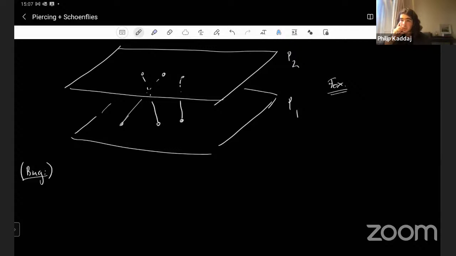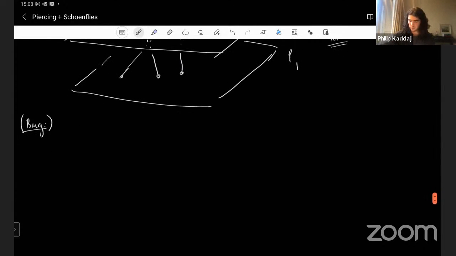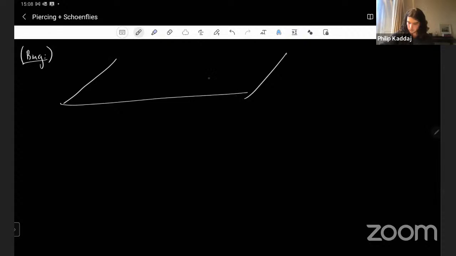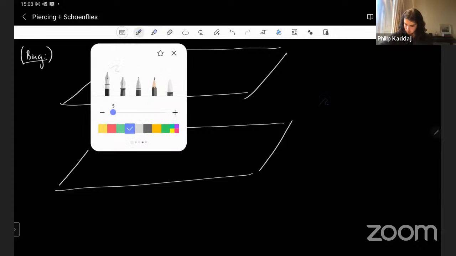So Bing, and this was shown possible by Fox. Then Bing considered the following pile of segments. Pick two segments that are hooked in the following way.